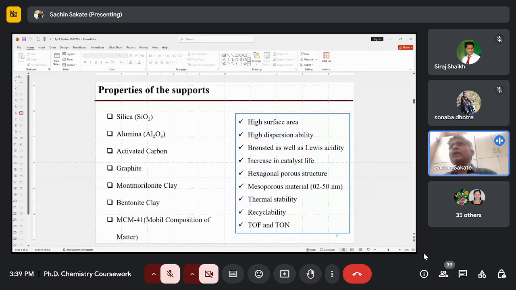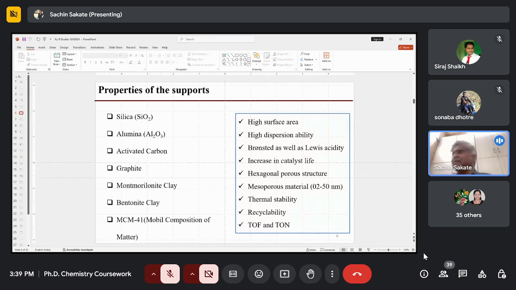You have the tuning of the morphology, like see the hexagonal pore structure, the perfect structure you can synthesize actually. Its pore size you can tune from 2 nanometer to 50 nanometers.